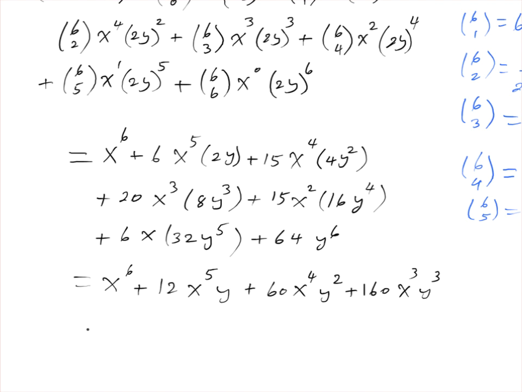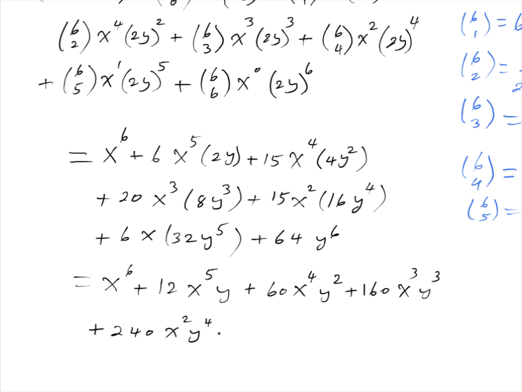And now the next one is plus, that's the one with x squared. So 15 times 16, which is 4 times 4. 4 times 15 is 60. Now we need 4 times 60. So that makes 240 x squared y to the 4th.